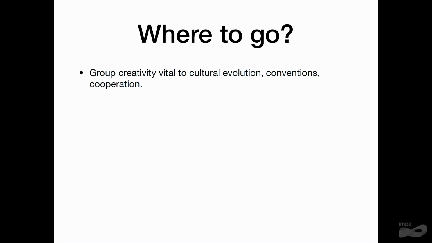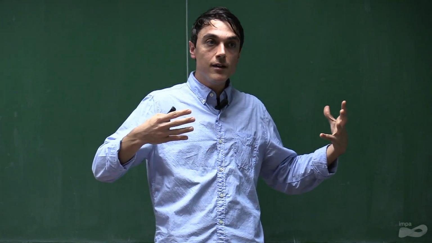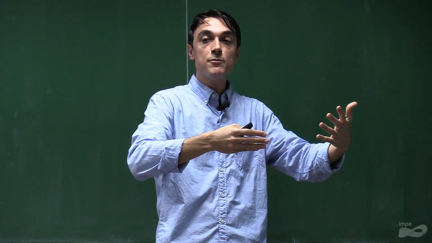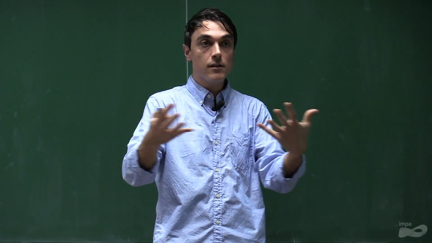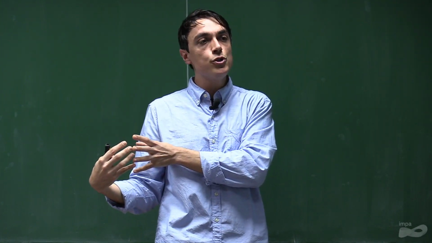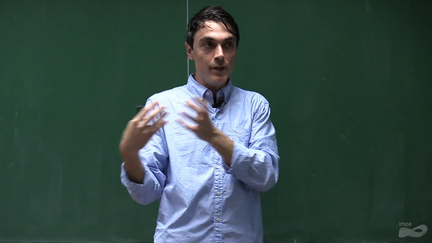Okay, so reading all this stuff on cultural evolution, conventions, cooperation, I thought a critical element behind all of this stuff is group creativity, right? We really drive culture forward, make scientific advancements, technological advancements, together coming up with solutions. Sure, it happens alone too, but then with game theory, I can't really model that.